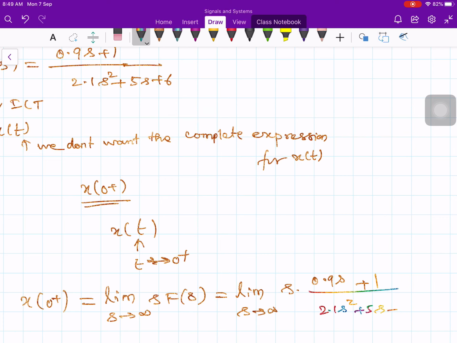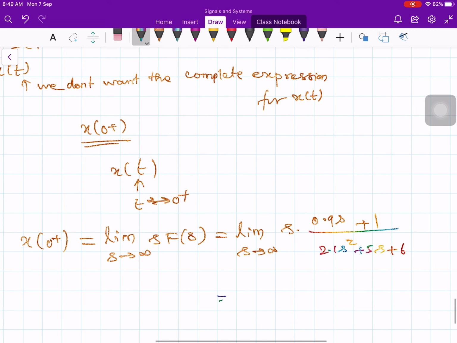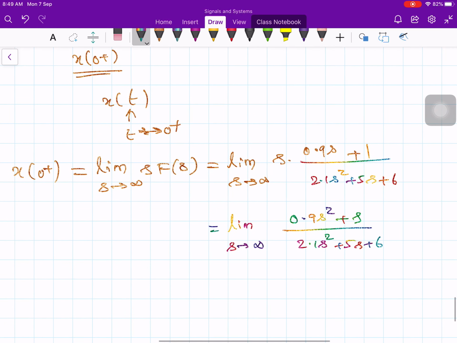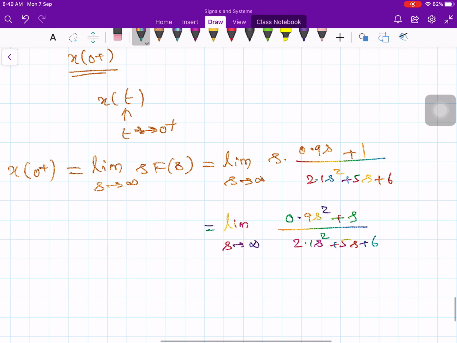So the limit as s goes to infinity of (0.9s squared + s) divided by (2.1s squared + 5s + 6). That means we can take only the ratio of the leading coefficient terms. So who are the leading coefficients here?